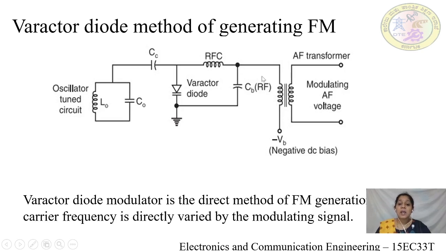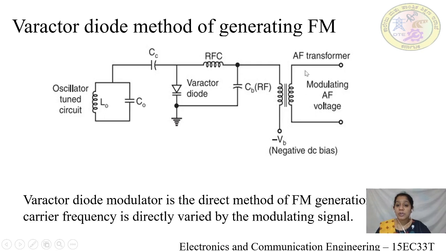Hence the varactor diode is applied with the changes in voltage of the audio frequency signal, so the junction capacitance of the varactor diode changes. Since the local oscillator is connected in parallel with the varactor diode, the changes in the junction capacitance cause changes in the frequency of the oscillator. So hence we can generate an FM signal.